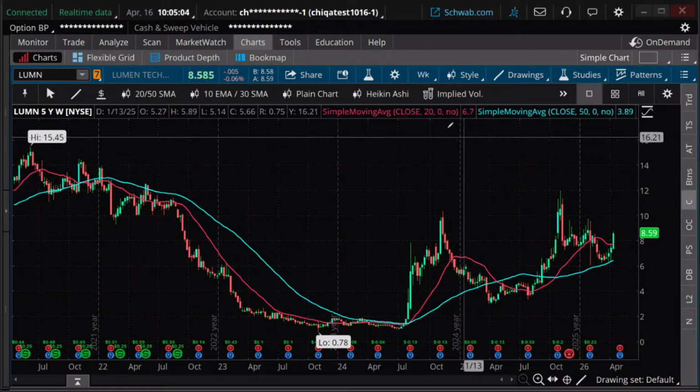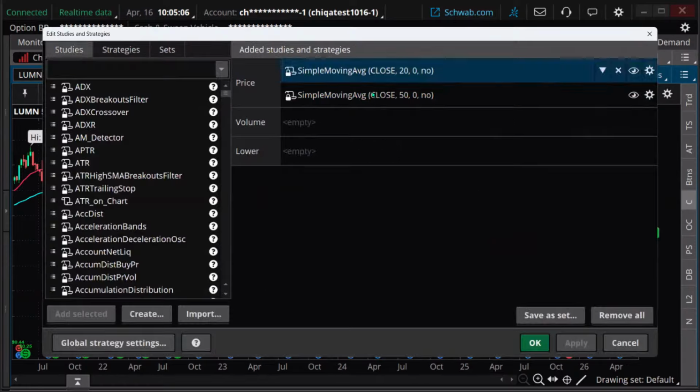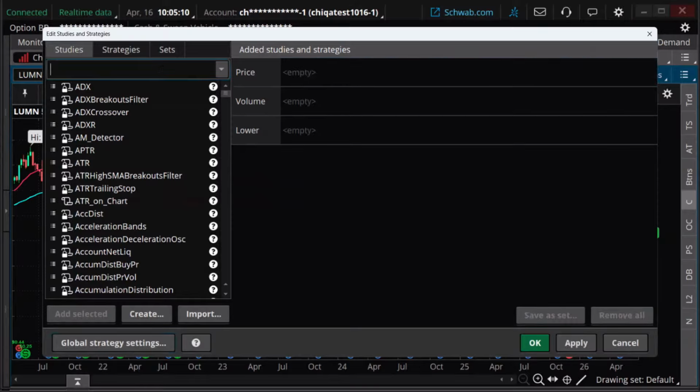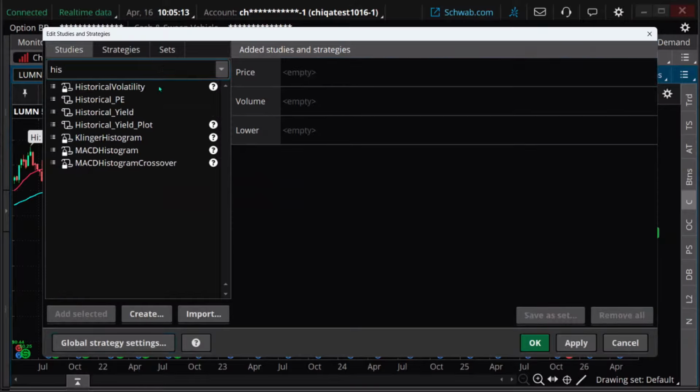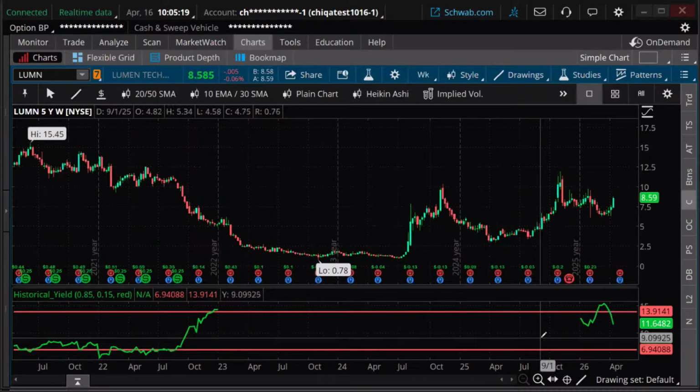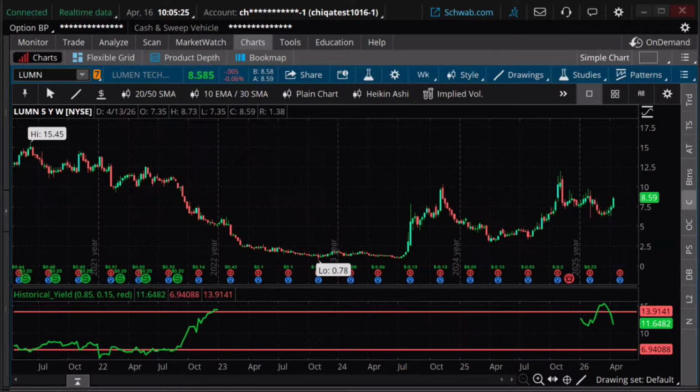It's a study I'm going to share with you, where we can see the historical yield on the stock. Okay, so here's the historical yield, and I'm going to apply that to the chart. For those of you who are live, I'm going to put that in the chat, number one.